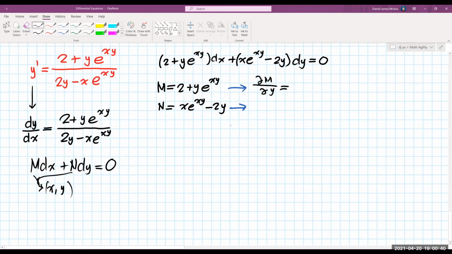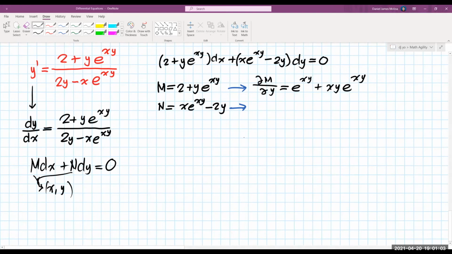So the partial derivative of y e raised to xy with respect to y is e raised to xy plus xy e raised to xy. Here we must consider x as a constant.